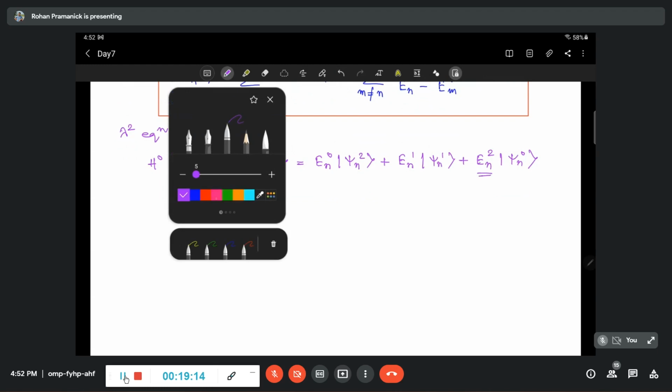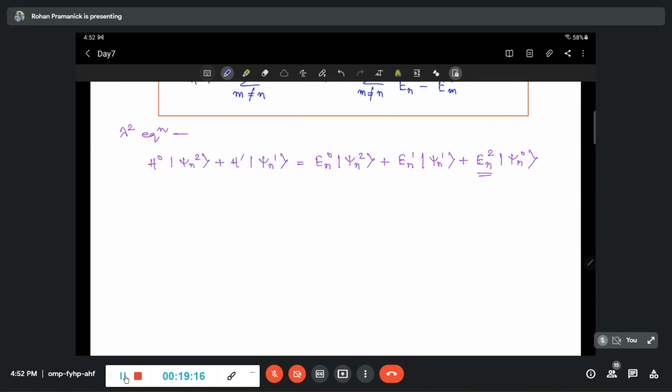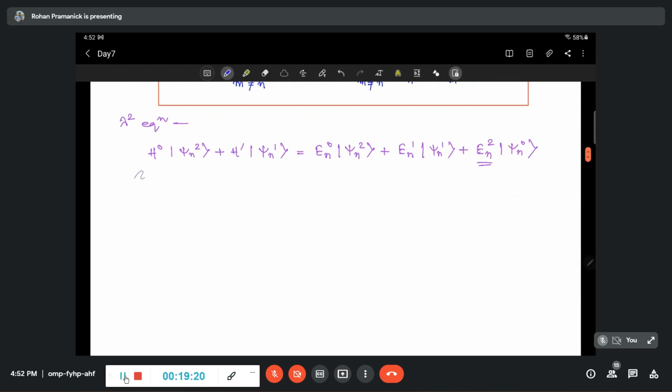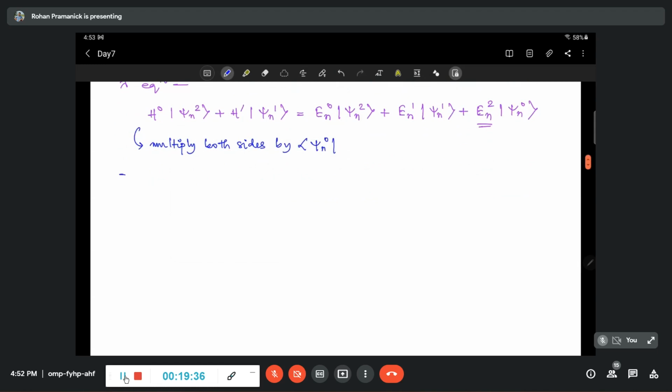So we do the previous trick. We multiply with a bra vector on both sides, psi n 0. So let's see what we get.